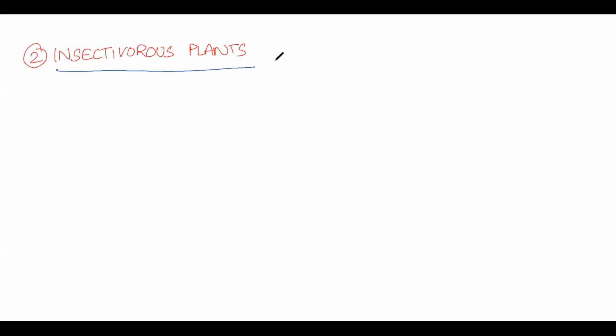So when talking about the insectivorous plants, you all must have heard of plants that eat insects. One such quite common plant you all must have heard about is the pitcher plant. Is there anyone who knows about a pitcher plant, or have you heard about the pitcher plant?